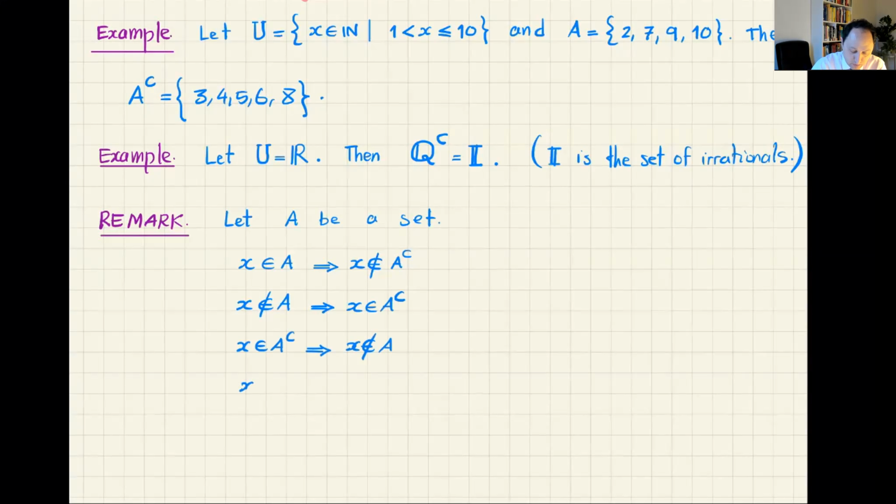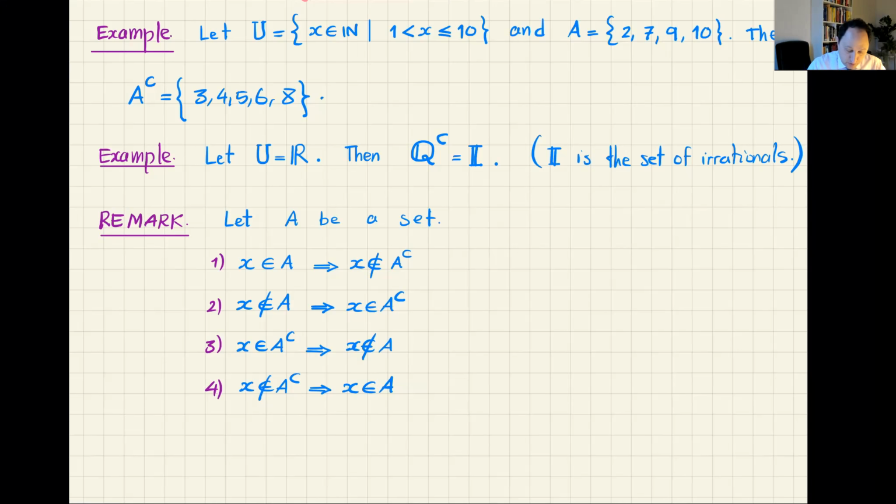And if someone tells me that X does not belong to the complement, of course, I can immediately conclude that therefore X belongs to A. So I think this is good to know, even though they are very clear, but let me emphasize them by writing them explicitly. Any questions here? All of these implications are true.